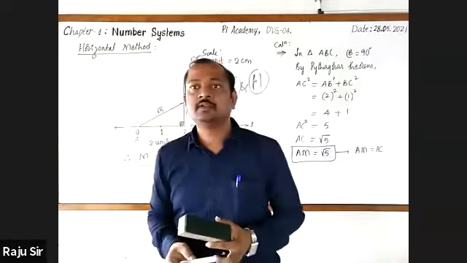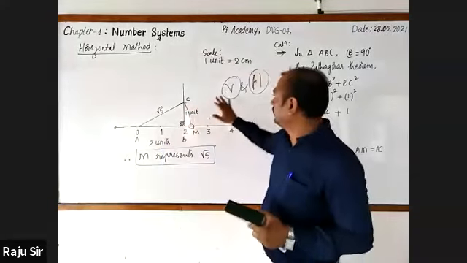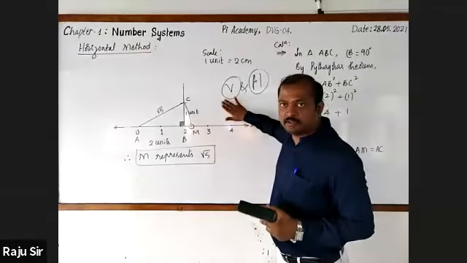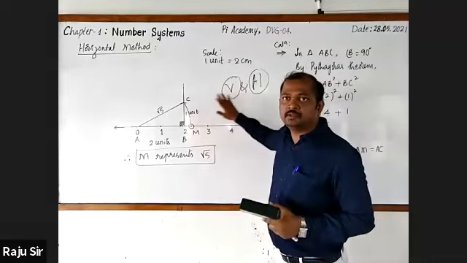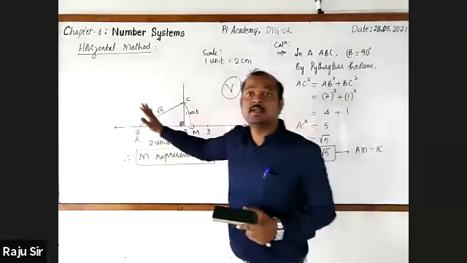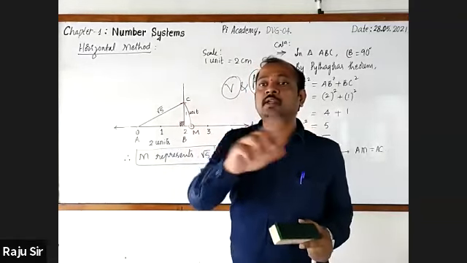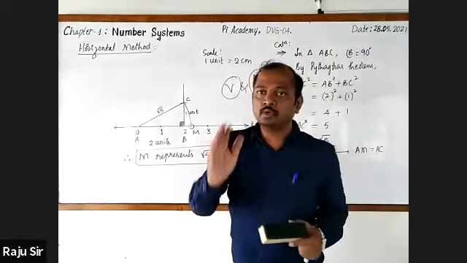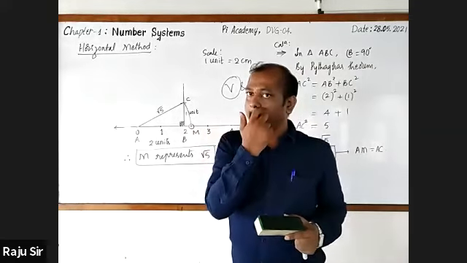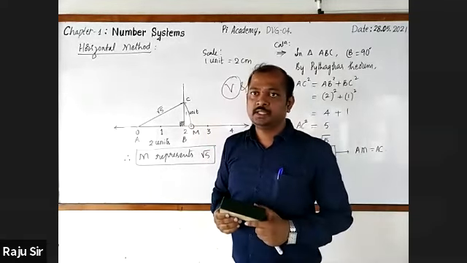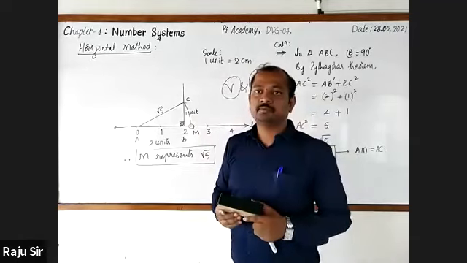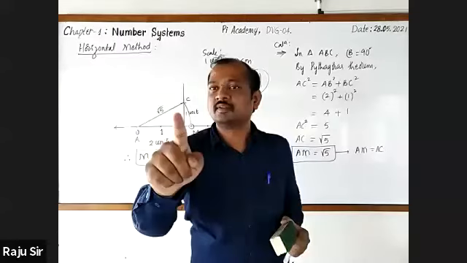Once I repeat, the vertical and horizontal methods used to represent an irrational number are applicable only in some particular irrational numbers. Do you know what these are? Root 5, root 10, root 15, root 20.